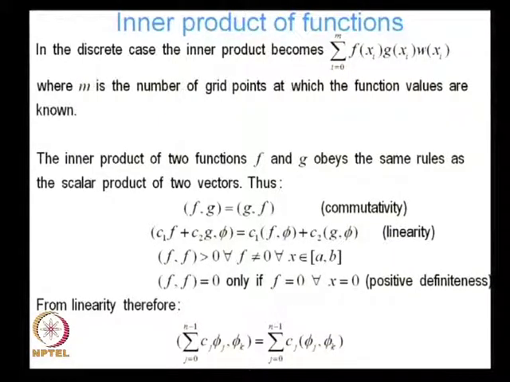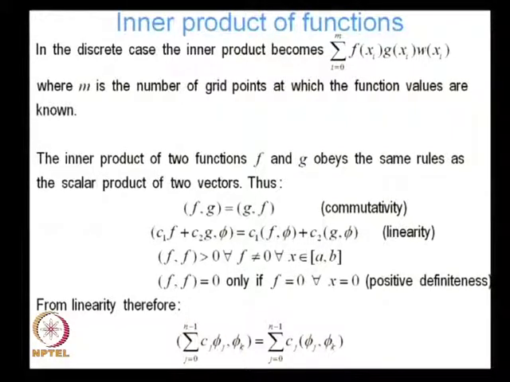So, (f, f) is greater than 0 for all f not equal to 0, and (f, f) is equal to 0 only if f is equal to 0 at every point x. This is very important, we are going to use that quite often. So, (f, f) is equal to 0 only if f is equal to 0 at all points x in the interval.